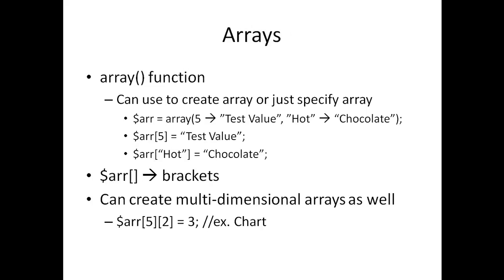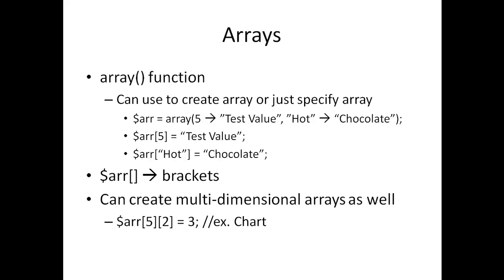Arrays, like I said, we literally do jump pretty quickly, and I cover the key elements of each of the sections. So for arrays, you have the array function. You can use the array function to create the array, or you can just specify the array.